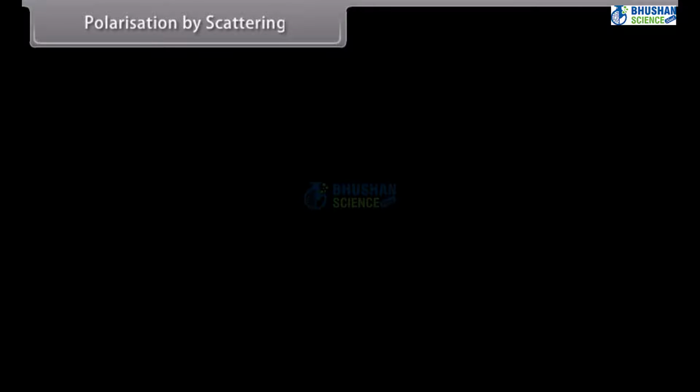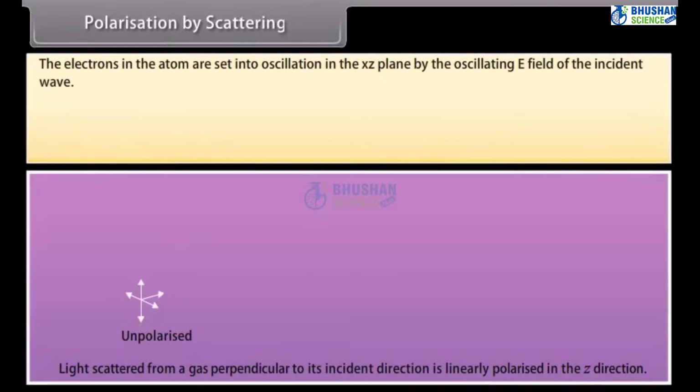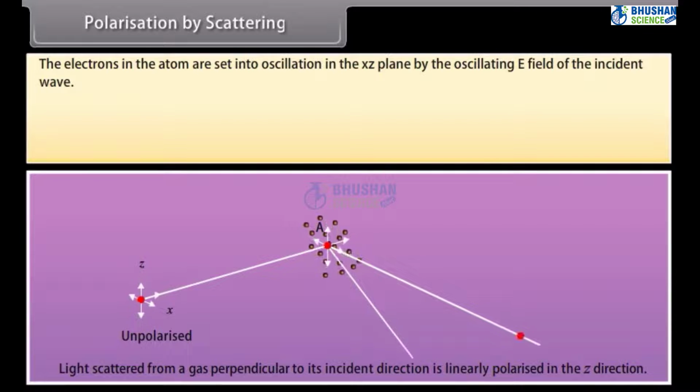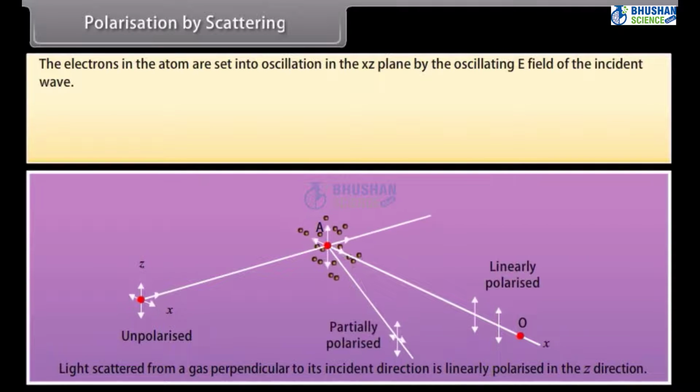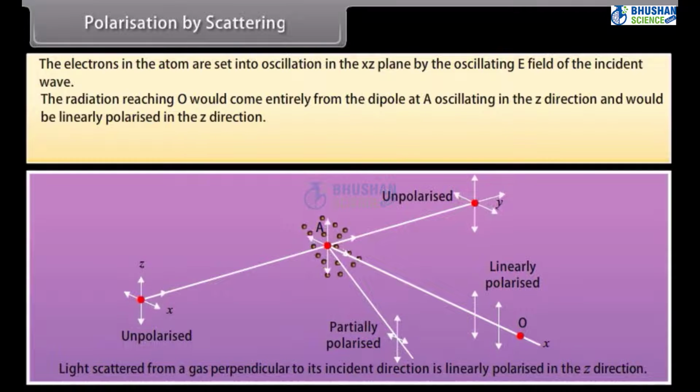Polarization by scattering. Consider an unpolarized light traveling along the y-axis strikes a gas atom at A. The electrons in the atom are set into oscillation in the xz plane by the oscillating E field of the incident wave. The radiation reaching O would come entirely from the dipole at A oscillating in the z direction and would be linearly polarized in the z direction.